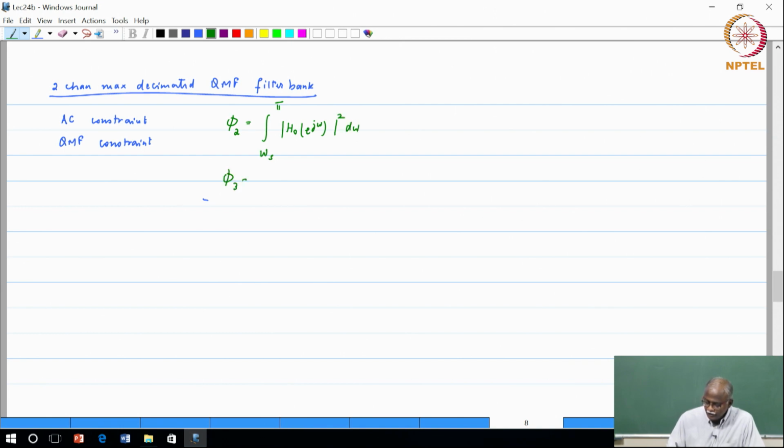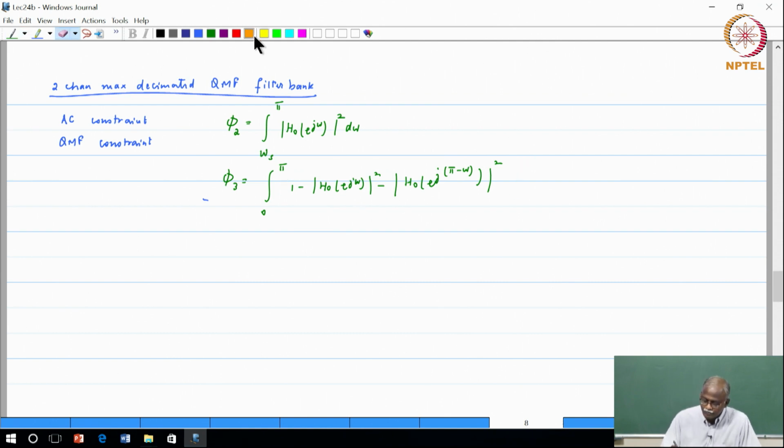Phi 3 is over the entire range from 0 to pi, of the quantity 1 minus |H0(e power j omega)| squared minus |H0(e power j(pi minus omega))| squared, whole squared.